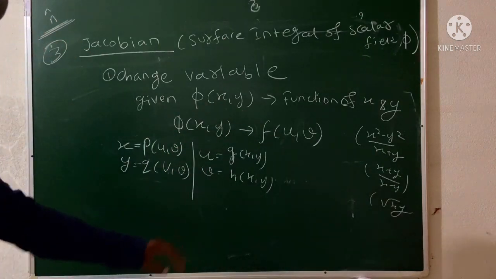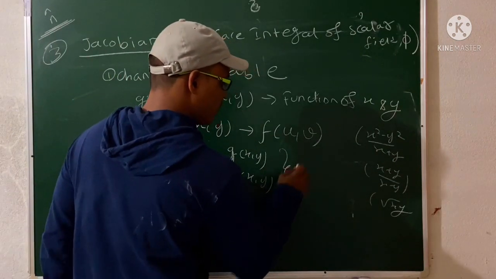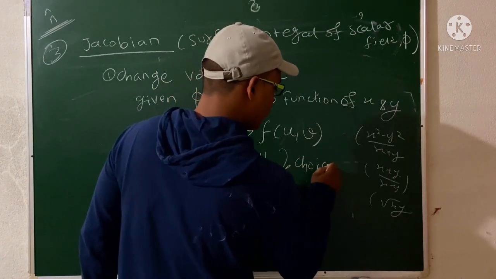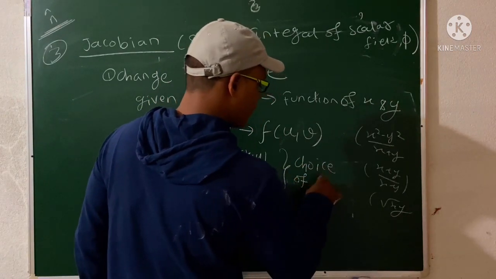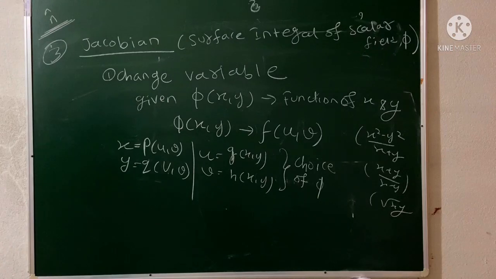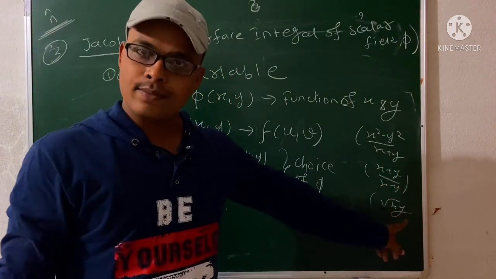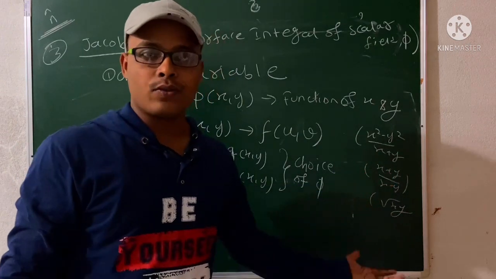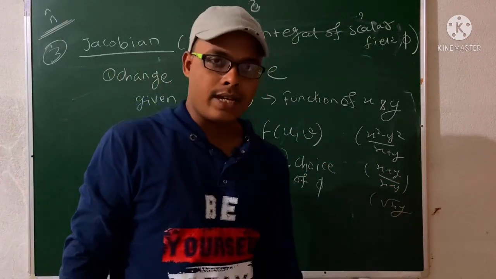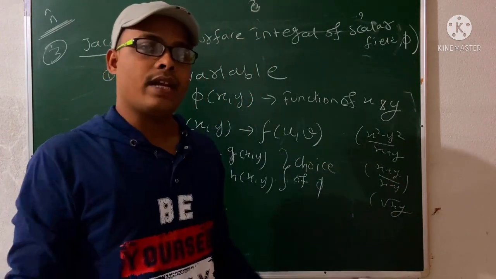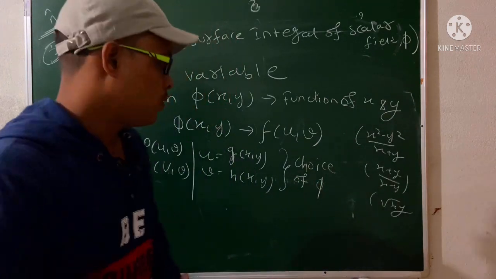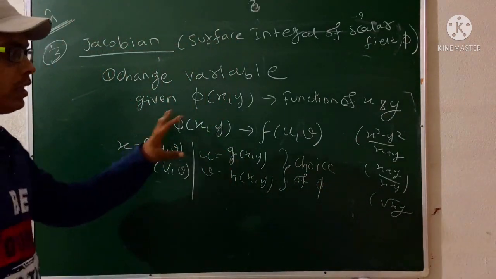So these are the two transformations, and how we choose depends upon the choice of phi. Look to your function, how it is given. If it is given x plus y by x minus y, then I can take x plus y as u and x minus y as v, or x plus y as v and x minus y as u. So these are the choices depending upon the transformation.